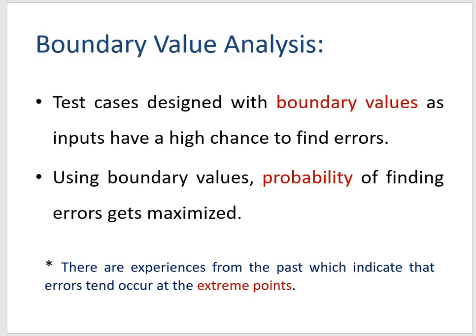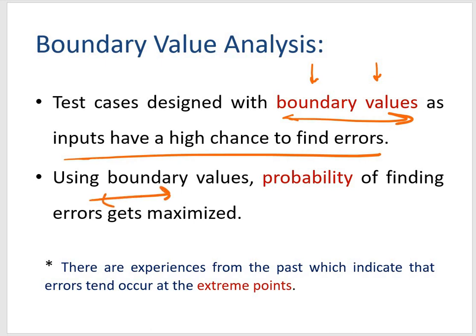Now the next is the crucial one, where we will be giving a good amount of time, which is your boundary value analysis. The test cases are designed with the boundary values. There is a rationale behind this, and I will talk about it. The rationale is that the boundary value inputs have high chances to find errors, and using boundary values, the probability of finding errors gets maximized.